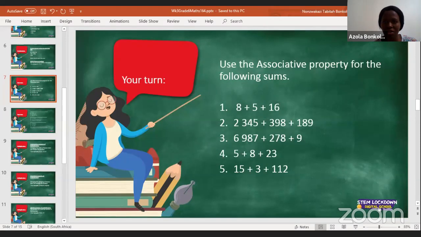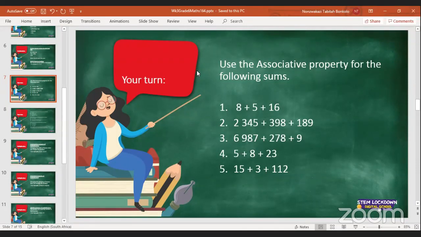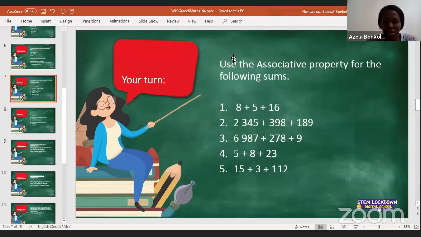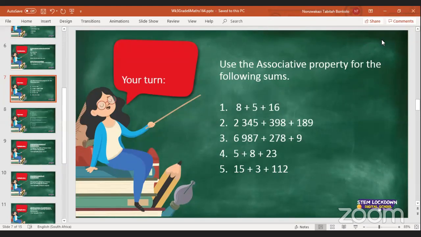All right, I can't seem to hear Lucky. Let's see if someone else wants to answer. Is there anyone else who wants to answer number 2 for us? There we go.